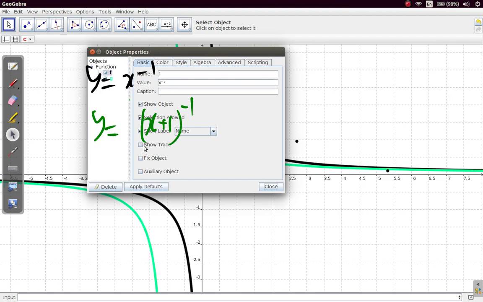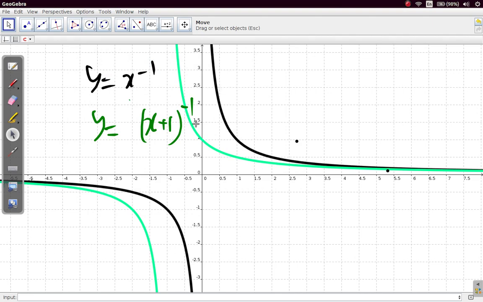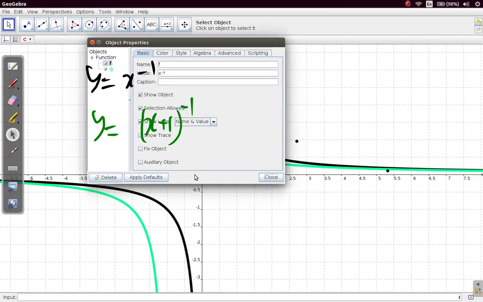So we can clearly see what we have here, which label the black graph is showing, right?